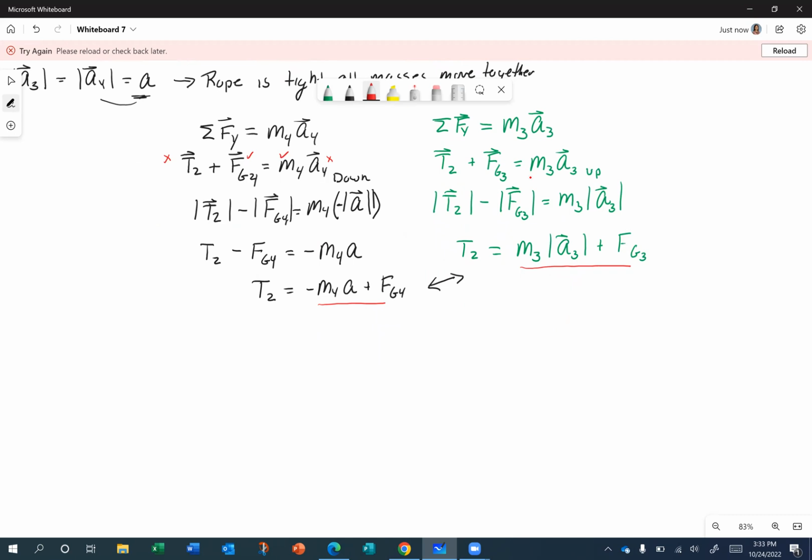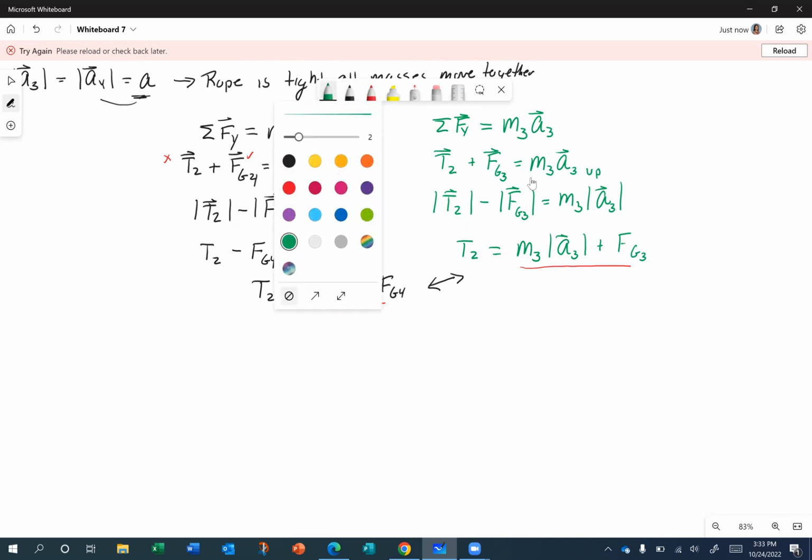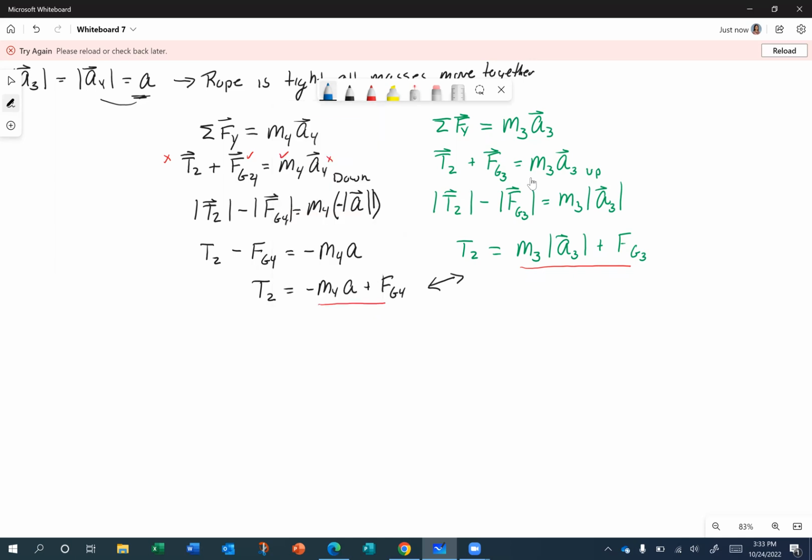We're going to say that negative mass 4 times A plus the force of gravity of 4 is equal to mass 3 times the same acceleration plus the force of gravity of 3.